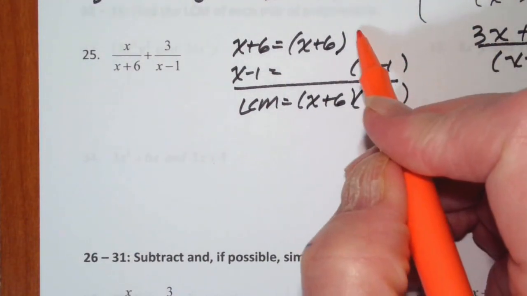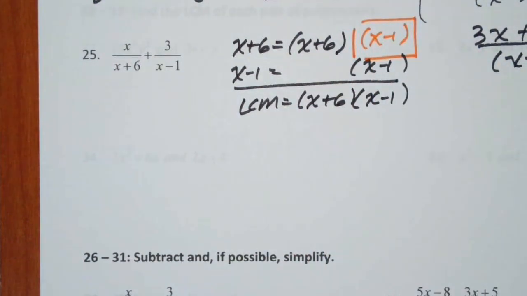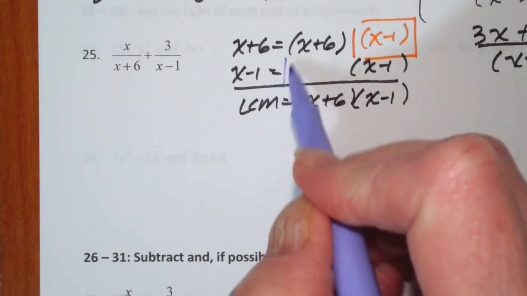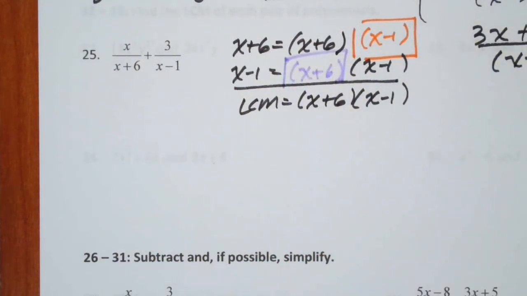Okay, so the missing factor here is x minus 1. The missing factor here is x plus 6.